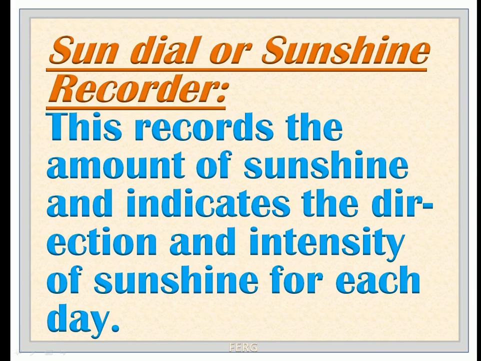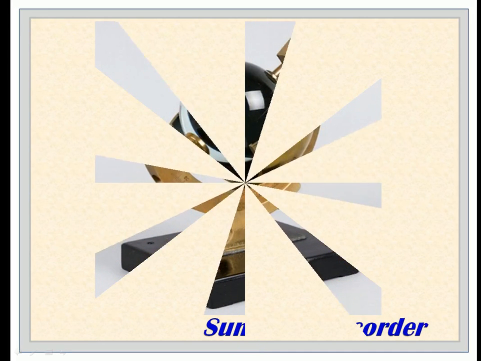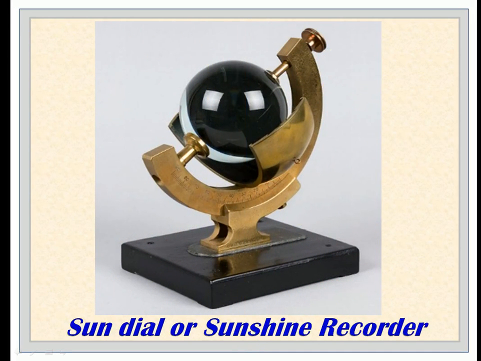Sundial or sunshine recorder. This records the amount of sunshine, and indicates the direction and intensity of sunshine, for each day. This picture illustrates the sundial, or sunshine recorder.